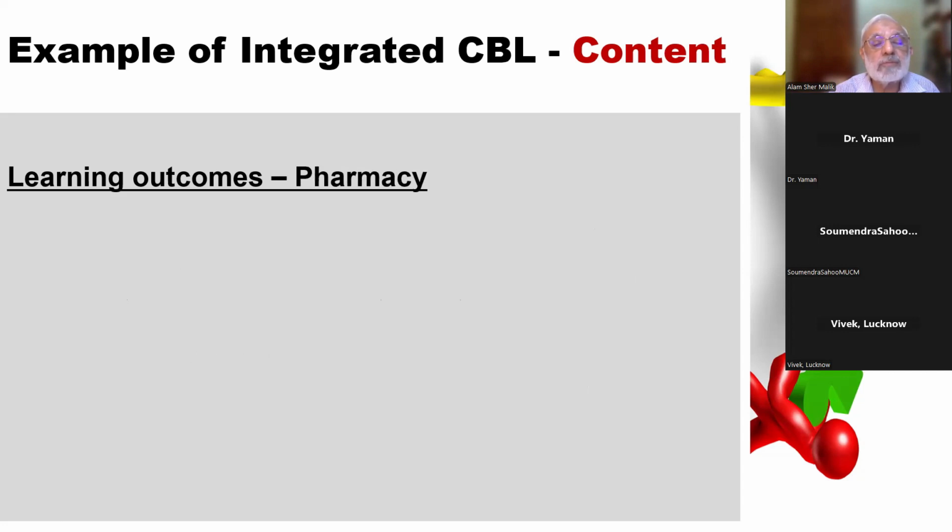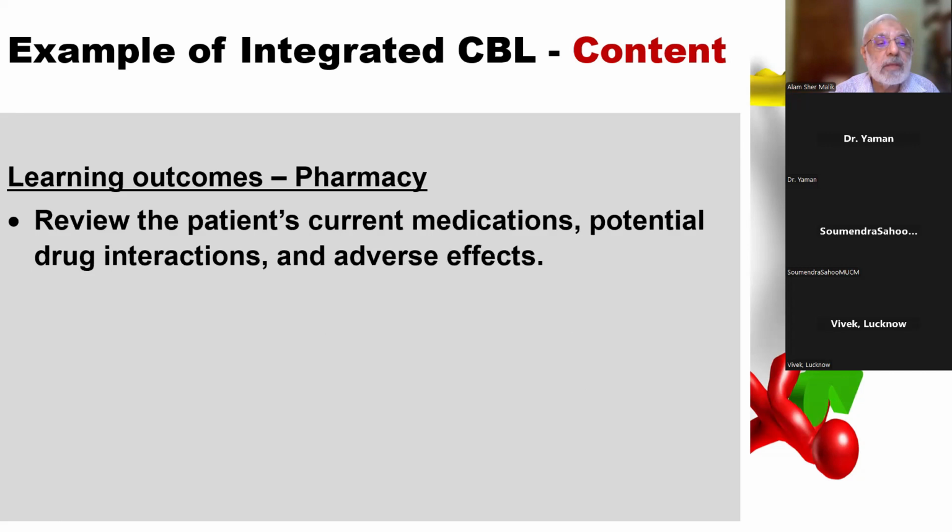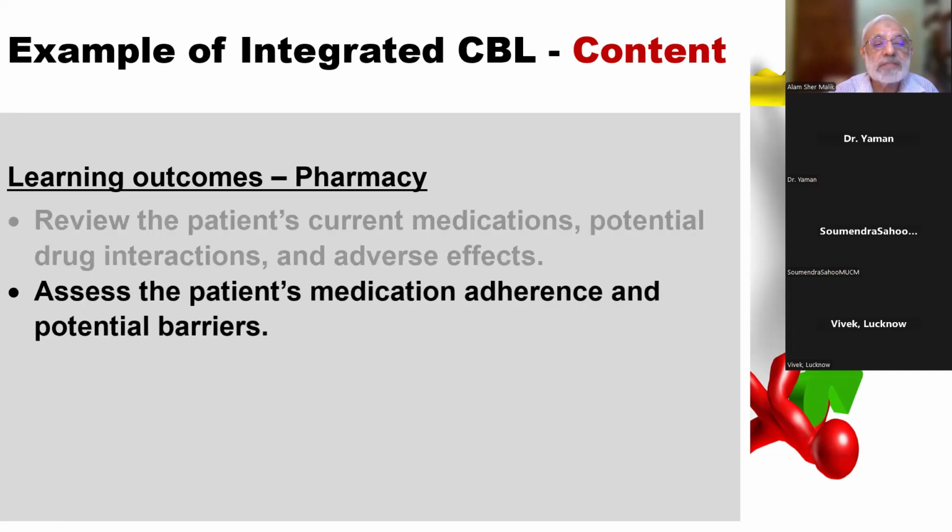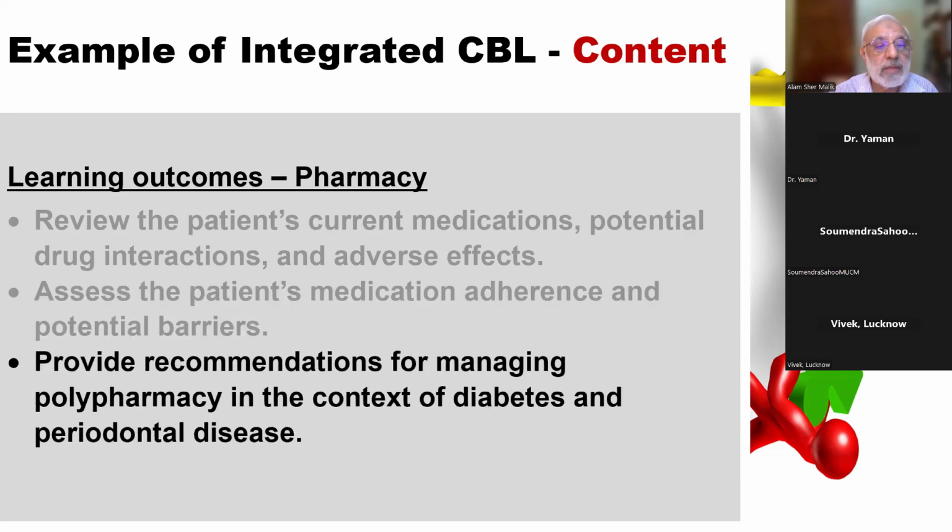Then the learning outcomes for pharmacy: review the patient's current medications, potential drug interactions, and adverse effects. Assess the patient's medication adherence and potential barriers. Provide recommendations for managing polypharmacy in the context of diabetes and periodontal disease. So based on the scenario, we have identified learning outcomes for all the three relevant cohorts of students.